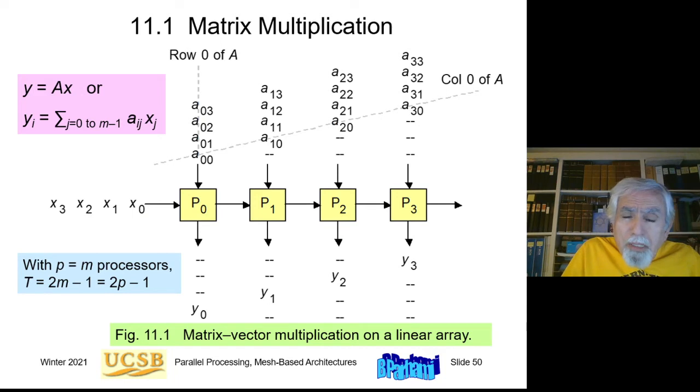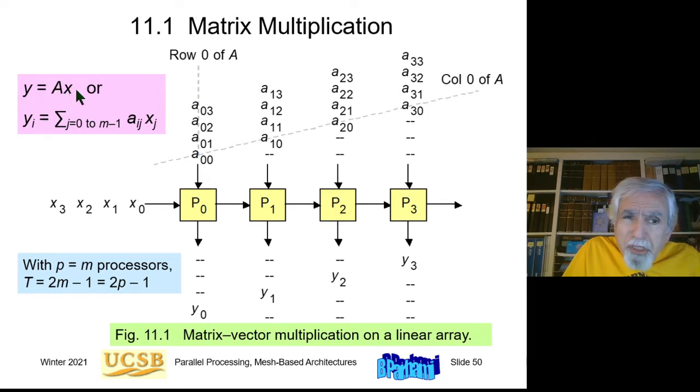Let's start with matrix by vector multiplication on a linear array. So we want to compute y equals A times x. A is a square matrix, m by m, and x is an m vector, and the result y is also an m vector.